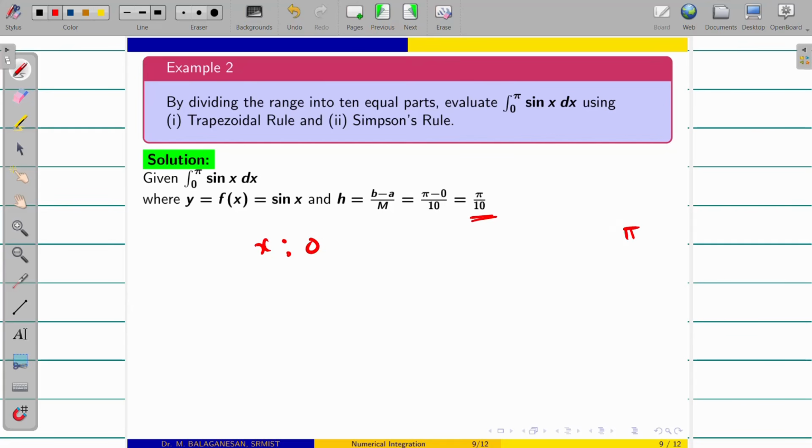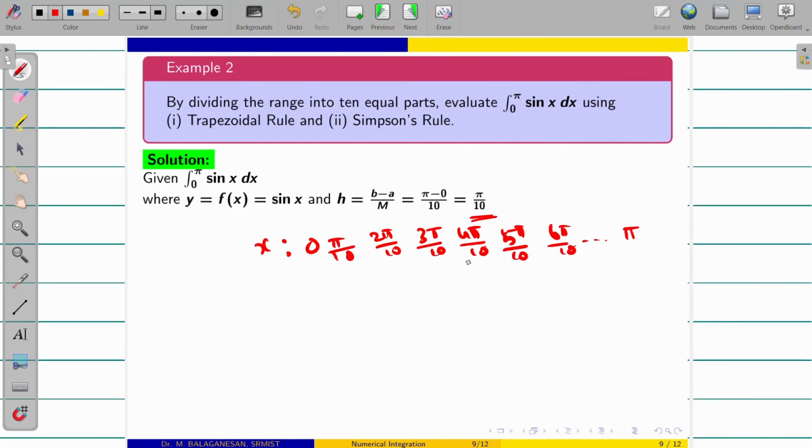What about the difference? Pi by 10. What about the next? It will be 2 pi by 10, 3 pi by 10, 4 pi by 10, 5 pi by 10, 6 pi divided by 10, and so on, until pi you have to proceed.